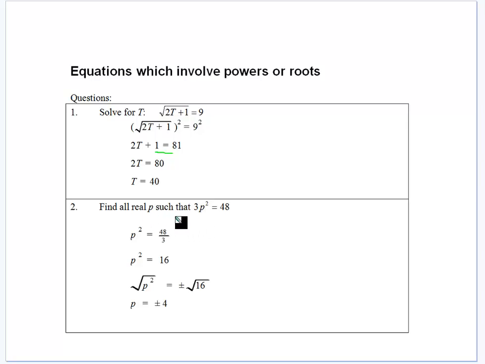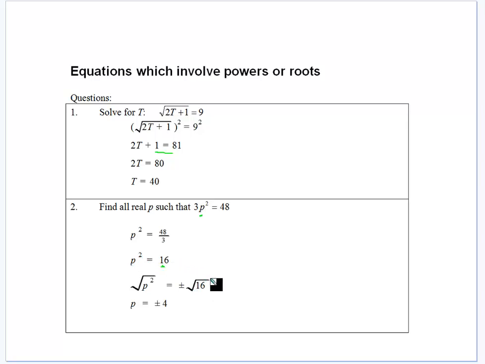So again, find a number for p such that 3p squared would equal 48. Well, 3 times what number equals 48? Well, 3 sixteens would equal 48. So whatever we put in for p squared would have to equal 16. Now, if p squared is equal to 16, what number could multiply by itself to give you 16?